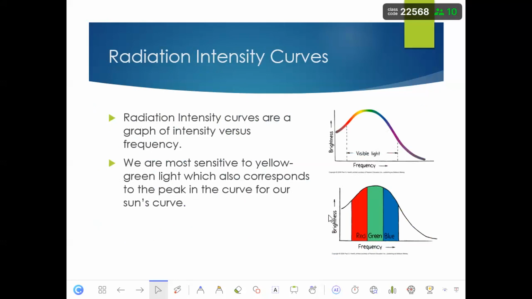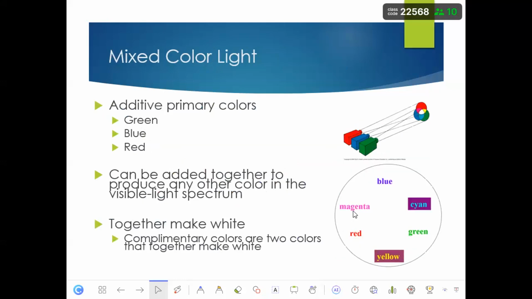This graph shows the frequency versus brightness or intensity of the light. As you can see in this spectrum, red, green, and blue have more portion than the other visible colors. That's why we call these three colors, which have more intensity, primary colors.